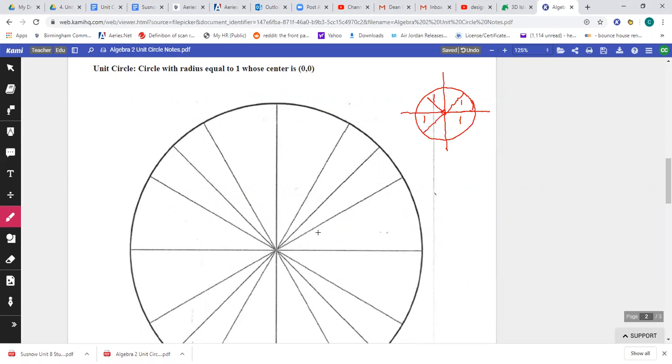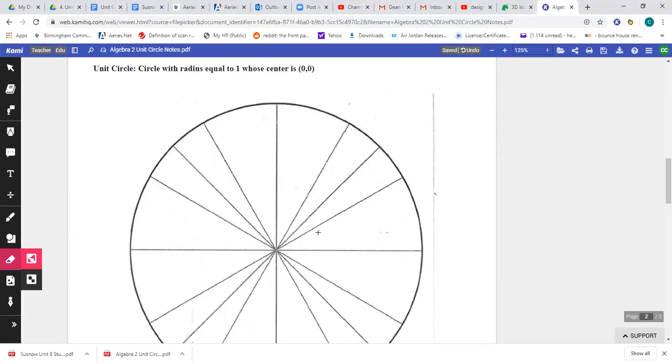That's a unit circle, right? And of course, that's the definition of the circle. The radius has to be the same, right? So a unit circle is a circle; if I draw it on an XY grid, the center is 0, 0, and its radius is 1.